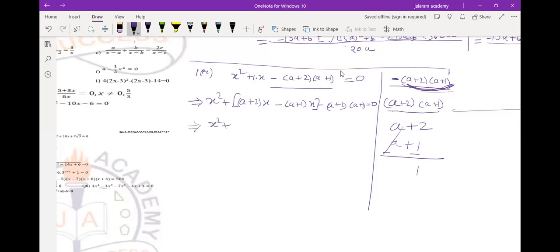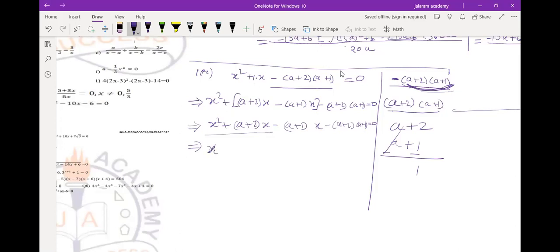So x square plus (a+2)x, now we will open this square bracket, minus (a+1)x minus (a+2)(a+1) equals 0. In the first two terms, x square plus (a+2)x, which term is common? X is common.